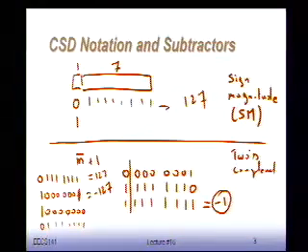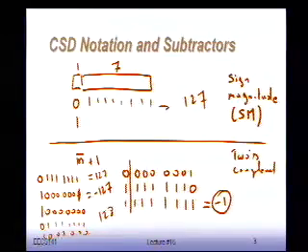You add 1 to that, you get 1, 0, 0, 0, 0, 0, 0, 0, which is not a sign bit in this case, it's a positive space, it's actually 128. So with 2's complement, I can represent everything from 127 to minus 128. So I actually get one extra word that you can represent, which is nice.